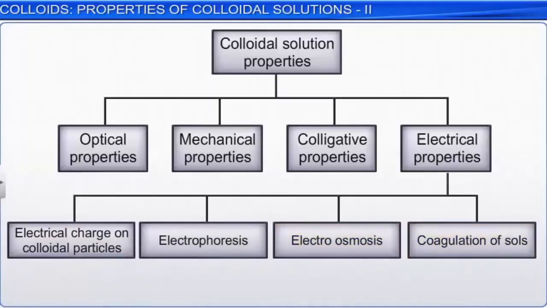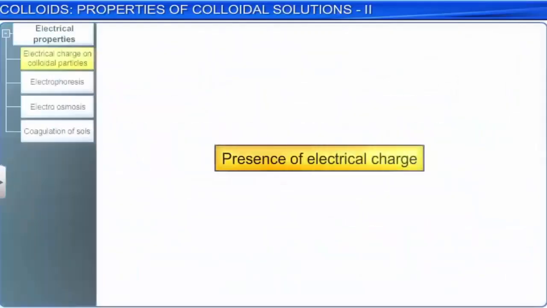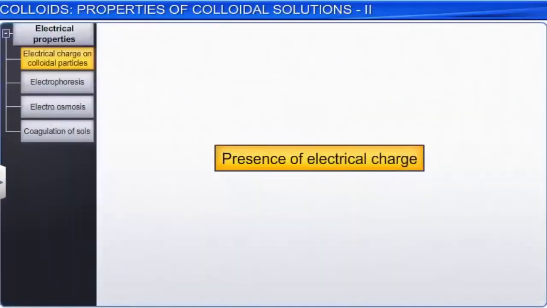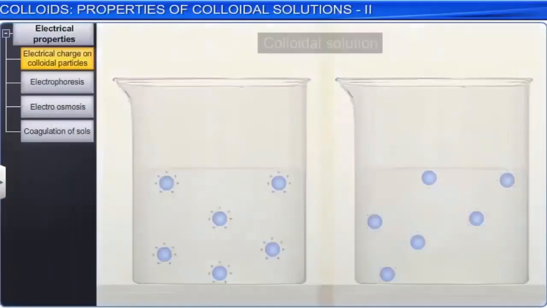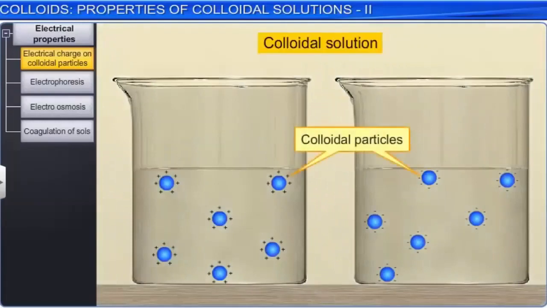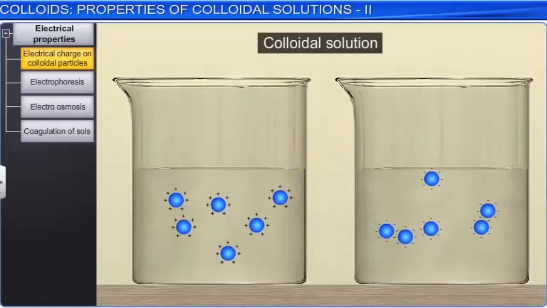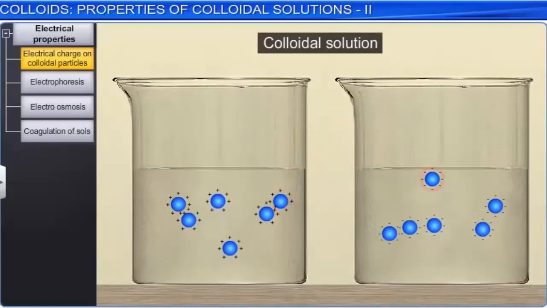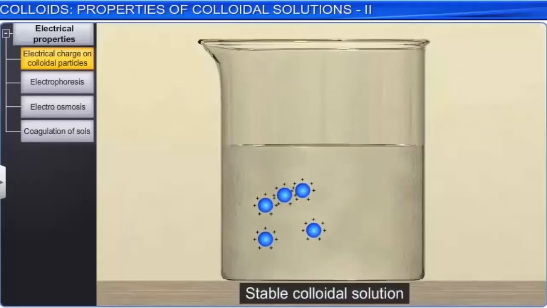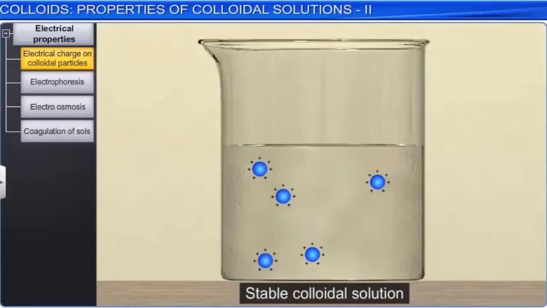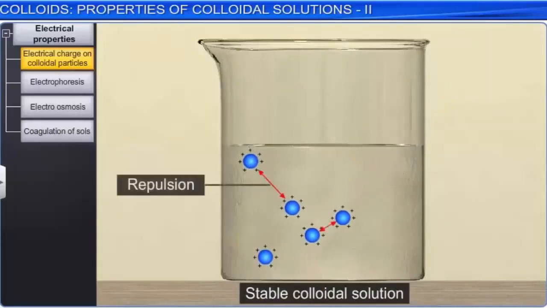Let us first discuss the most important electrical property, the presence of electrical charge. The particles of a colloidal solution possess a definite electrical charge, either positive or negative. Due to the presence of the same charge, they repel each other and do not combine to form larger particles.